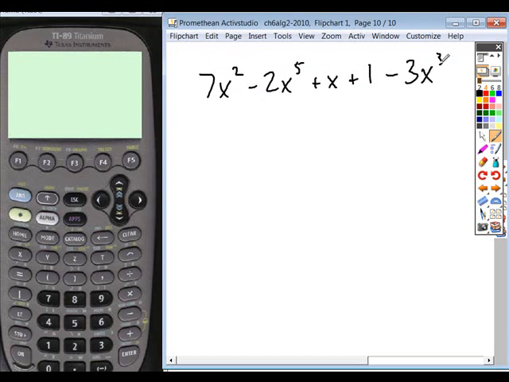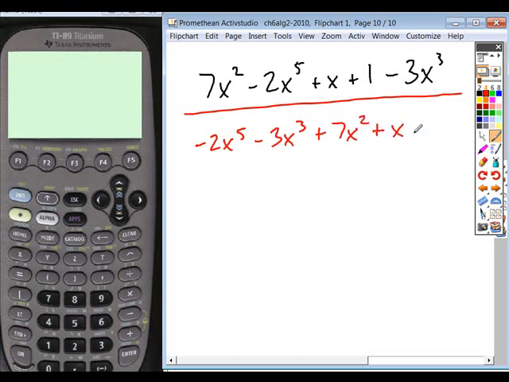Basically testing, are all the powers of our x's whole numbers? Yeah. And is it written in standard form? So what would be the standard form for this? So the highest power first, followed by, all right, so when you write it in standard form, you write it from the highest power to lowest power.